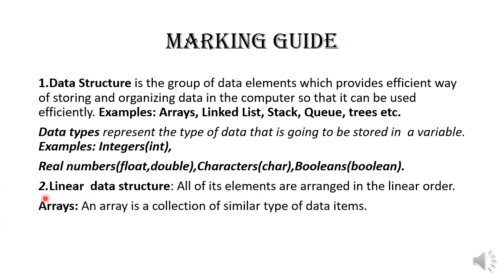For example, an array is a linear data structure because an array is a collection of elements with similar data types which are stored in contiguous memory locations.